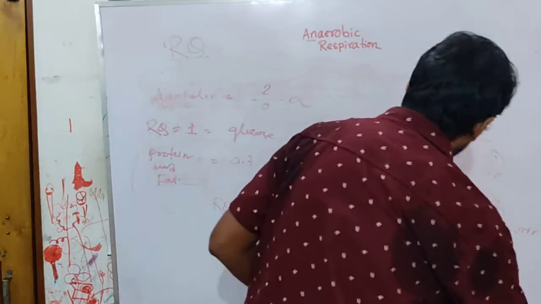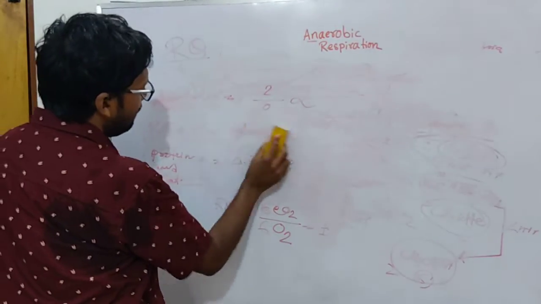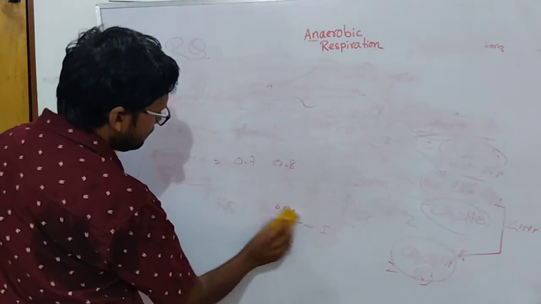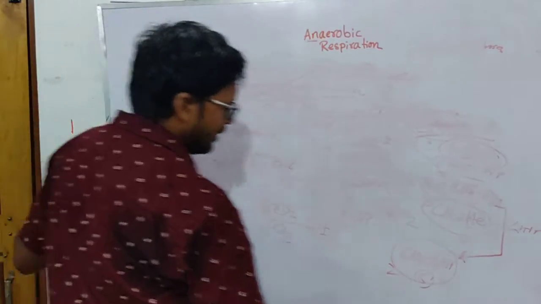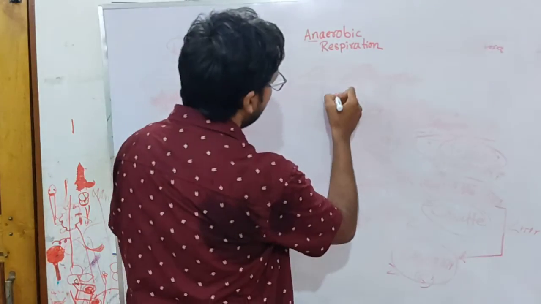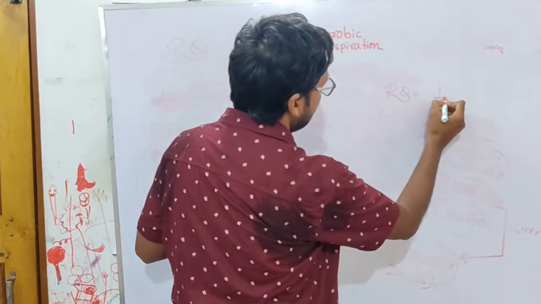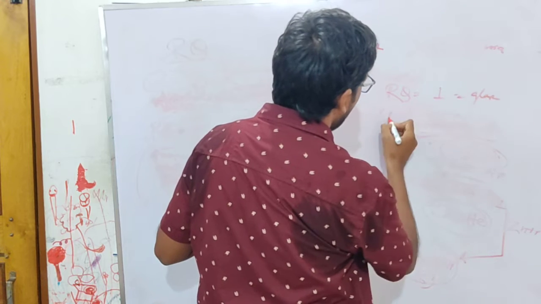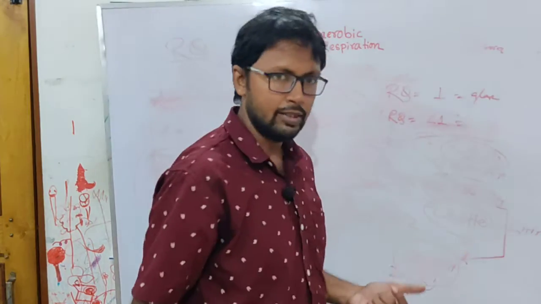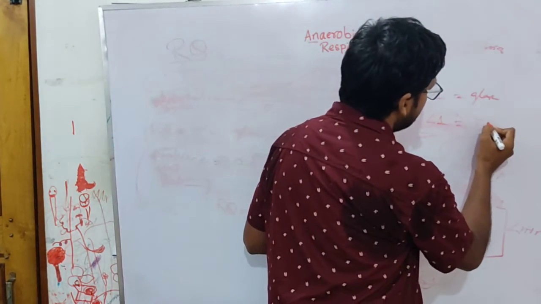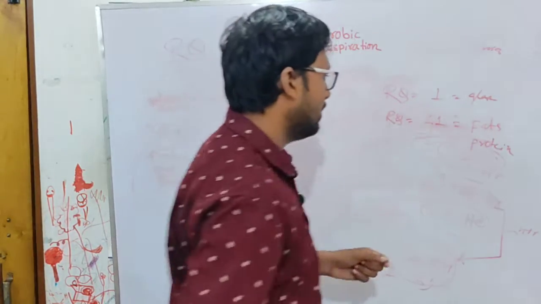So I will write here the different RQs at a stretch, so it will be better. RQ को हम एक साथ लिखते हैं. RQ 1 in case of glucose, RQ less than 1, that is 0.7 to 0.8 in case of fats and in case of proteins.